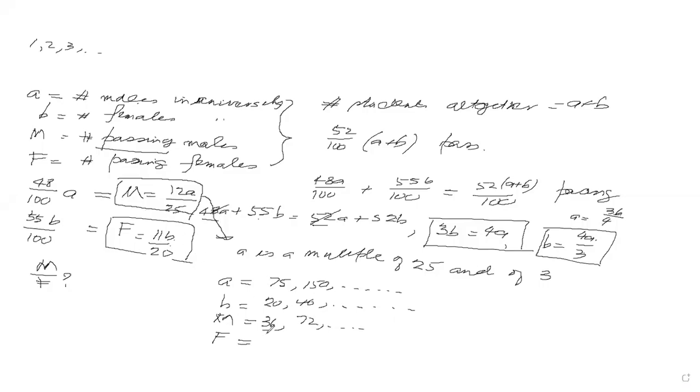11. So B is 20, it could be 11, 22, and so on.